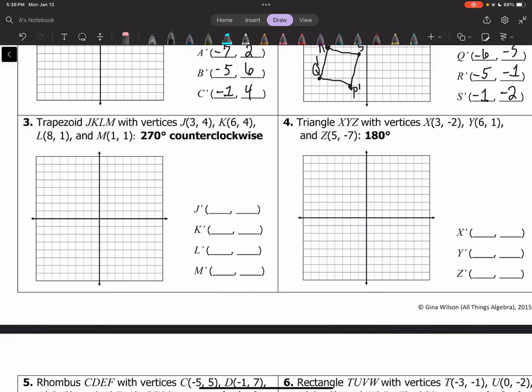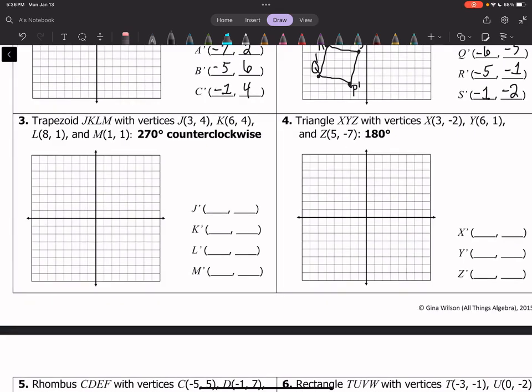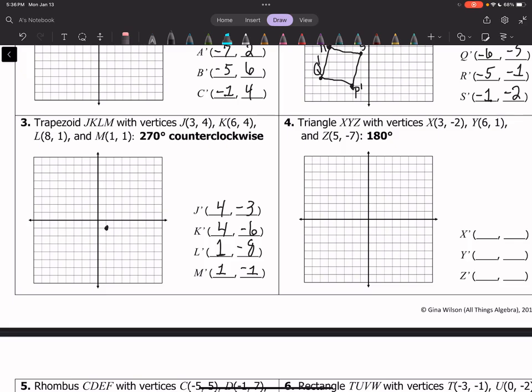Number 3, I'm rotating 270 degrees counterclockwise. So I'm going to be flipping them, and I'm going to be negating the pre-image x in this one. So first is flipping 4 and 3. Negate pre-image x, so the new y value. So 4, negative 3, 4, negative 6, 1, negative 8, 1, negative 1. Okay, now to graph.